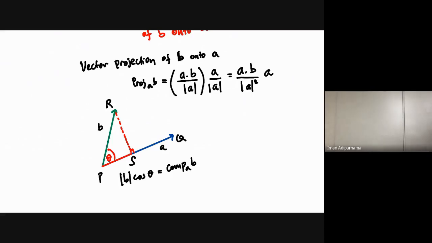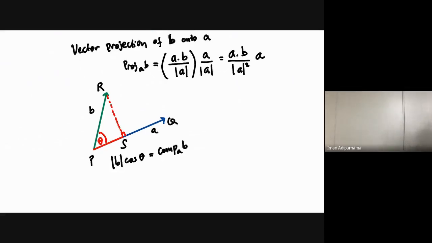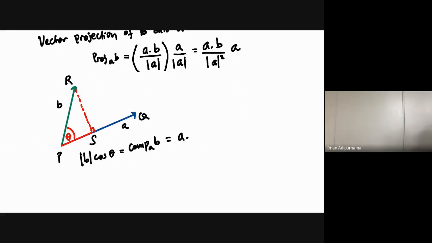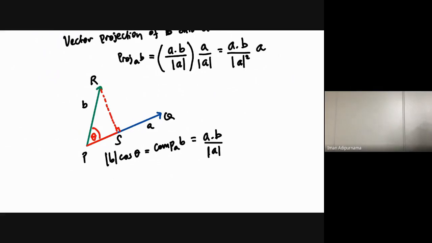So we call this component, and this is equal to a dot b divided by the magnitude of a, and that's it. We only care about the length for this part, and this is called the scalar projection.